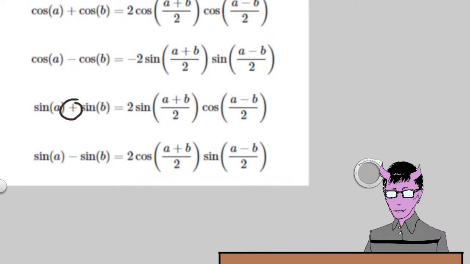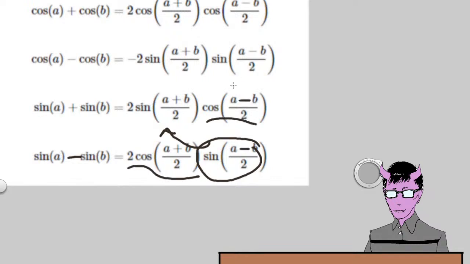When this is positive, then this is sine first, then this is plus, and this is plus. But if this is subtraction, then this one should be placed right there. If this is minus, then it leads to minus. And then the second cosine one, the sign has been alternated.